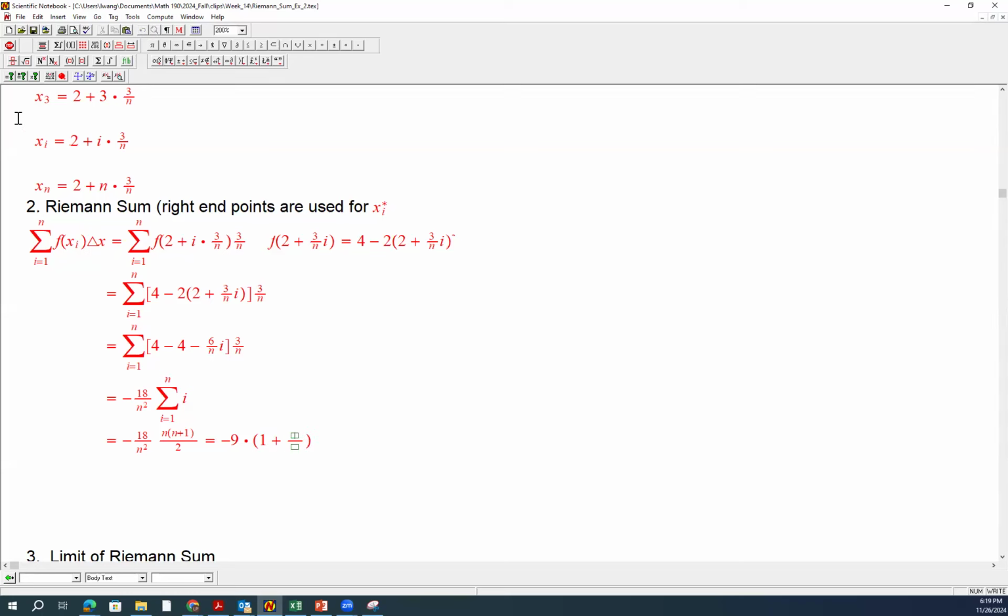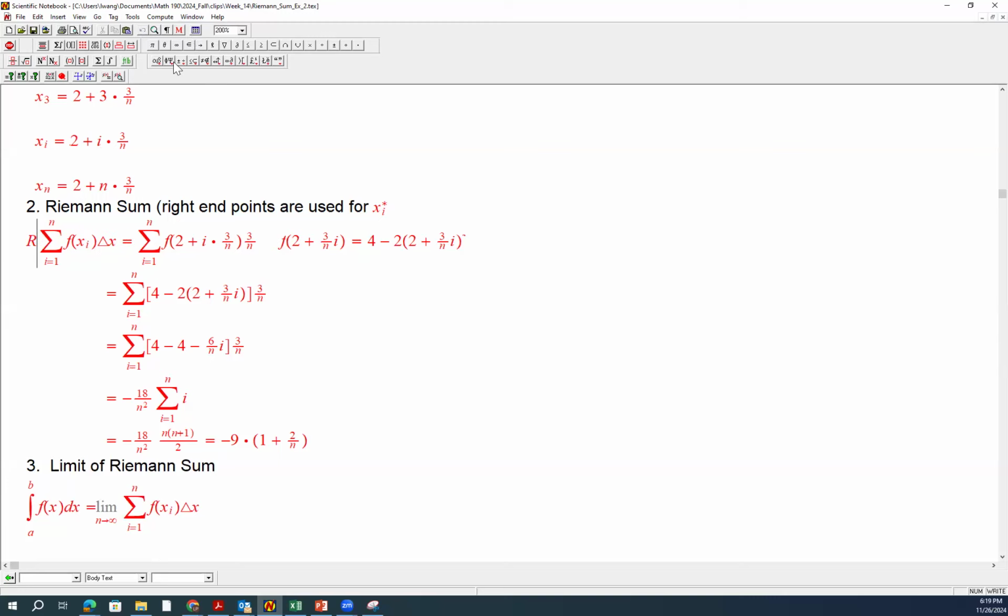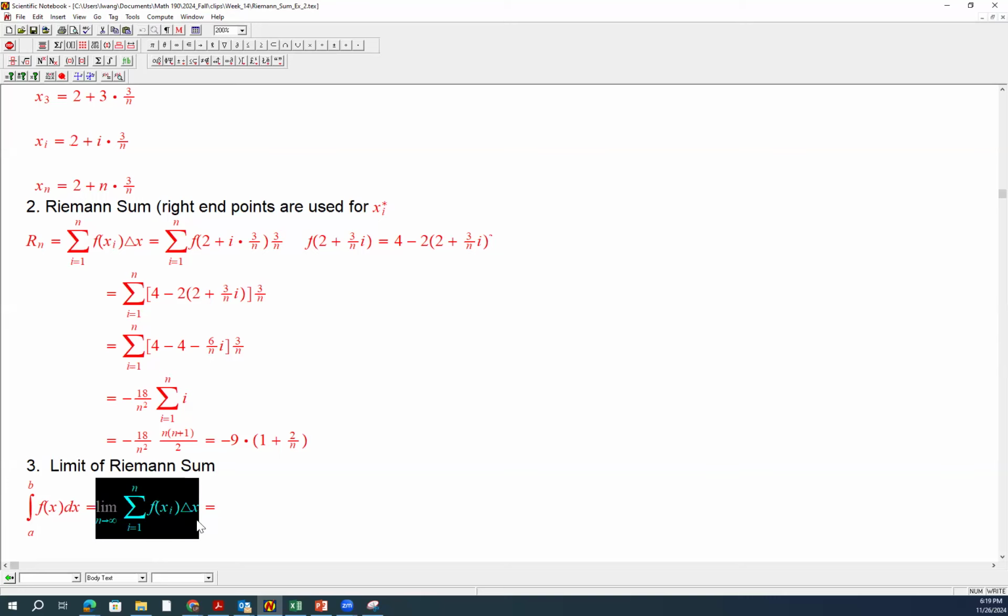So we are totally ready for taking the limit. For shorthand notation, you may like to write this as a capital R sub n, meaning Riemann sum. Now we take the limit of the Riemann sum.